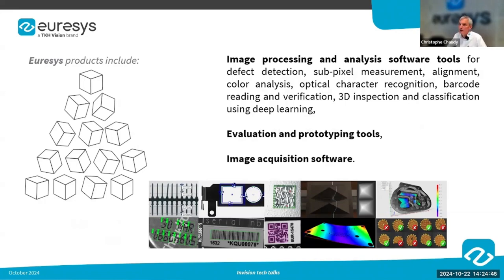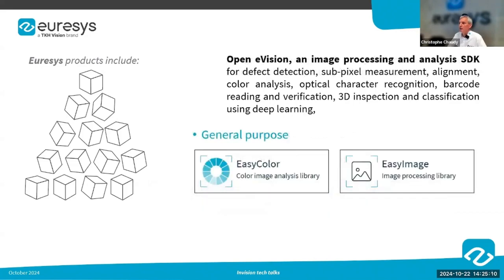And Euresys sells Open eVision, which is an image analysis tool that implements a lot of different features for machine vision, including defect detection, subpixel measurements, alignment, character recognition, code reading, etc. So I will go quickly over the different libraries.